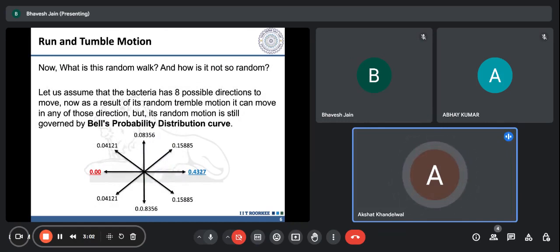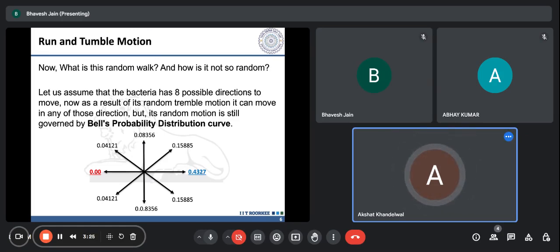Now we were talking about this random walk of the bacteria towards nutrient and why it is not so random. According to Bell's probability curve, the bacteria has the highest probability to move towards the nutrient and the lowest to move away from the nutrient.